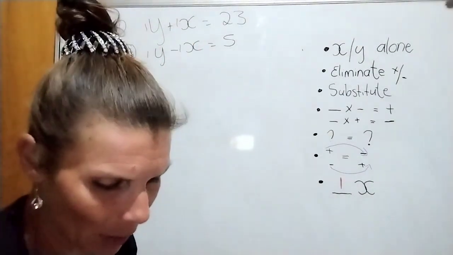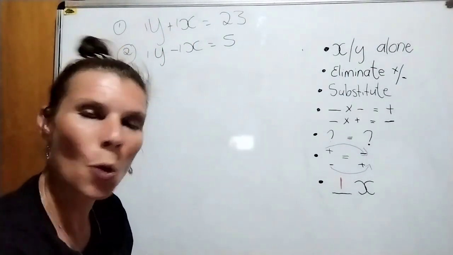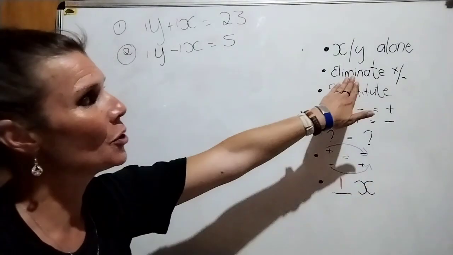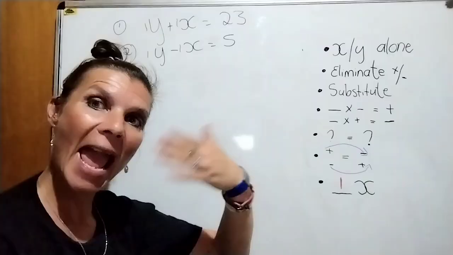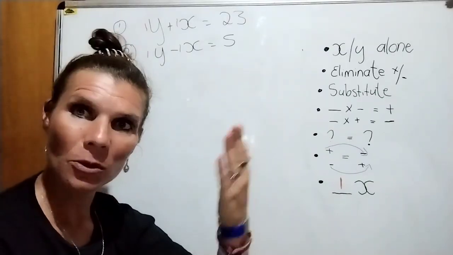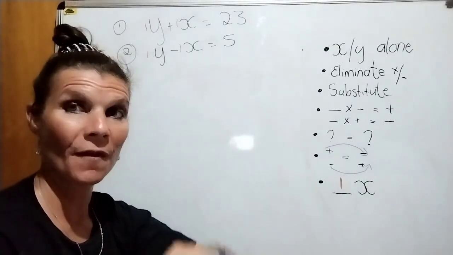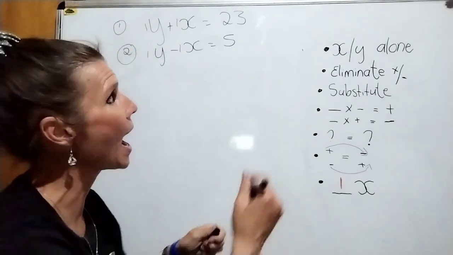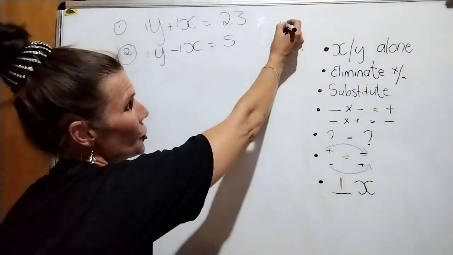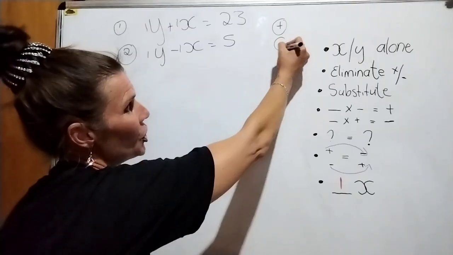Now, let's get either x or y alone by using elimination. I'm going to see if I add, can I cancel 1 out? Or if I minus, subtract, can I cancel 1 out? So I need to choose one of these two.